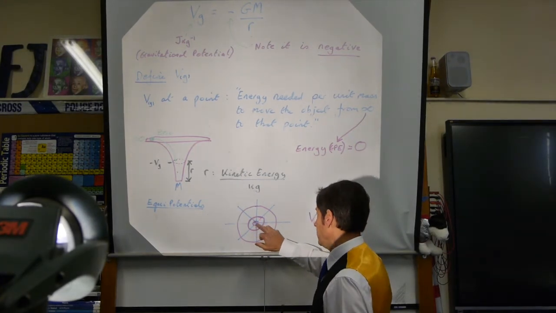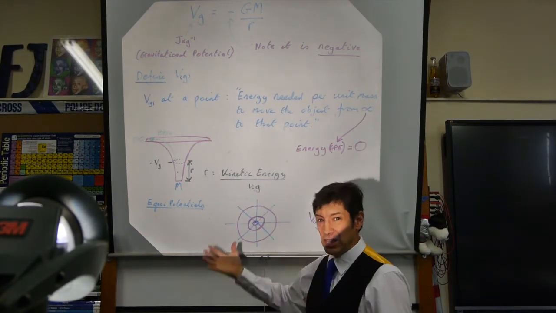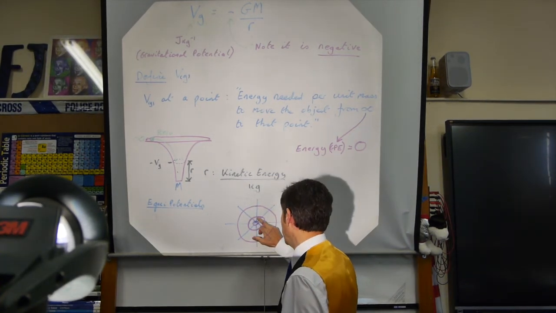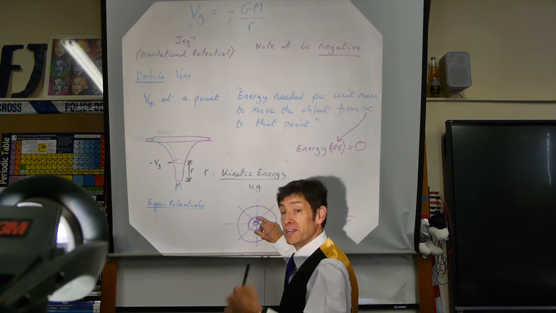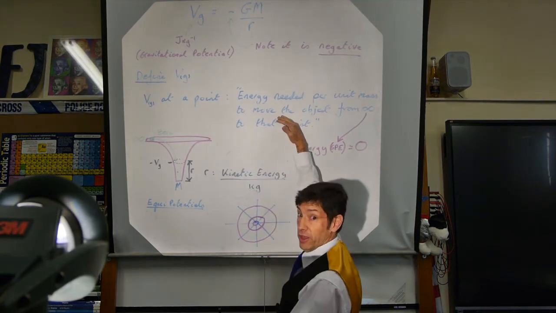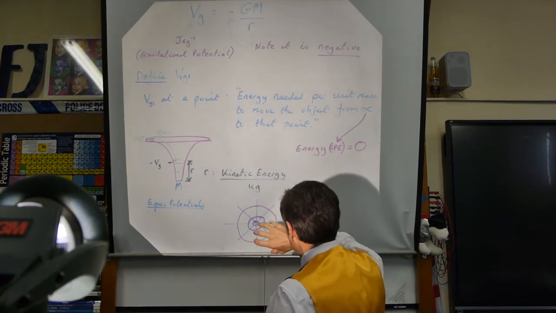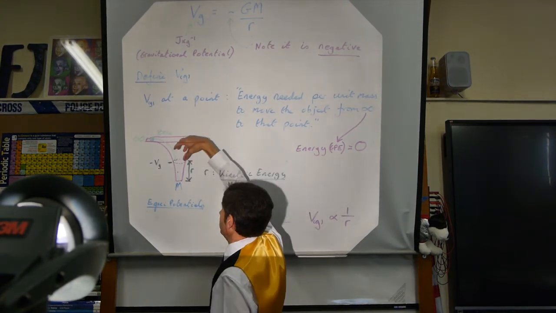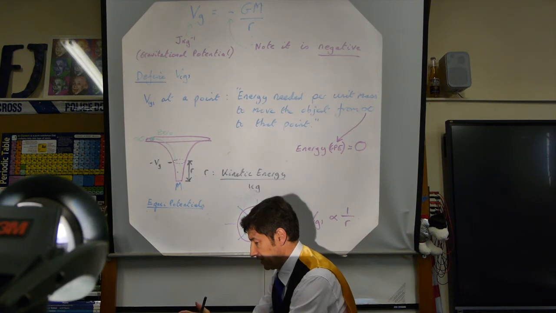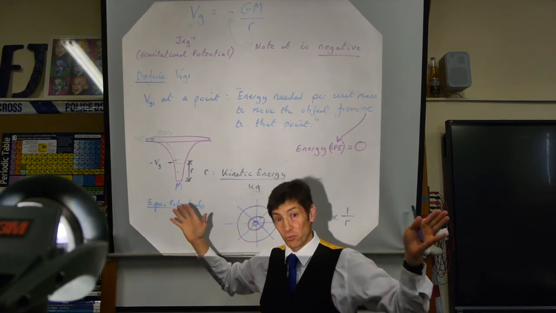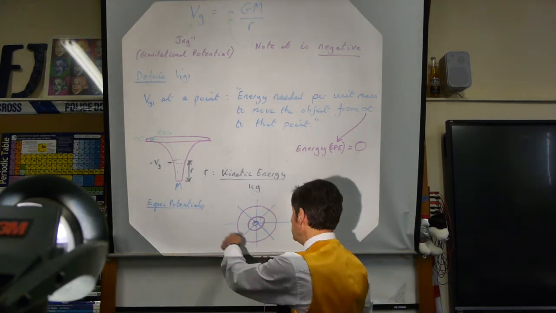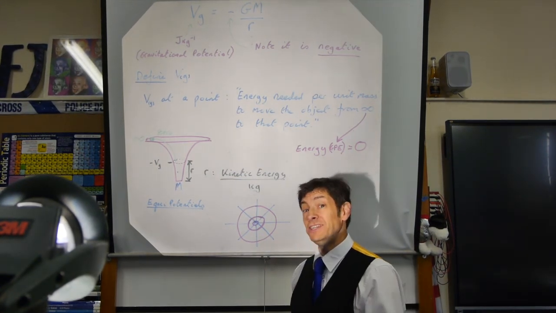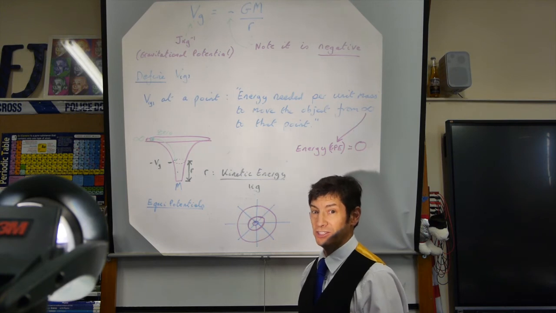If you go up in equal step changes of gravitational potential, you will have to go further away than you did last time, and then further, and then much further. Because what you're doing here is looking down the barrel of this one. You're seeing rings close together and then spread out and then really spread out. So I hope that's a useful way of thinking about how gravitational potential changes away from a large gravitational mass.